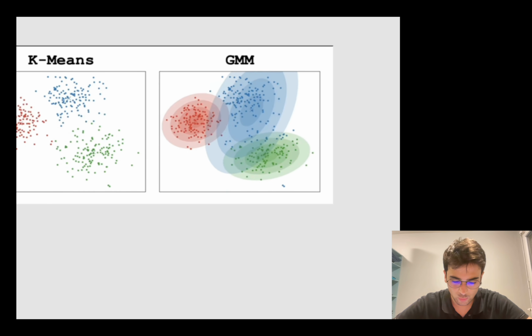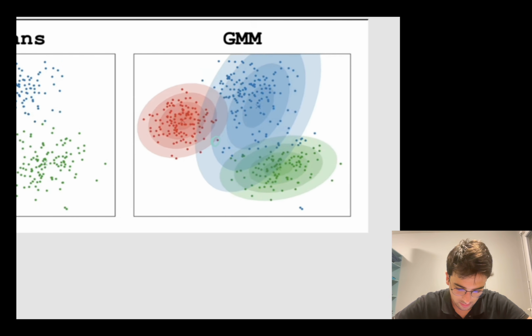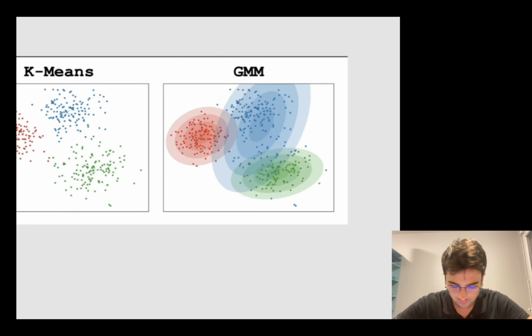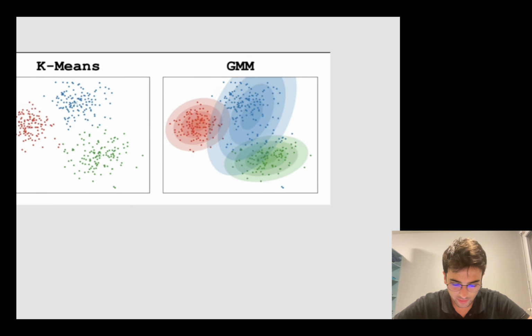But in GMMs, we give a Gaussian distribution to each data point instead of a hard label. For example, this one over here is from the blue distribution and also from the red distribution. We don't have hard labels like blue or yellow. So what is the math behind it?